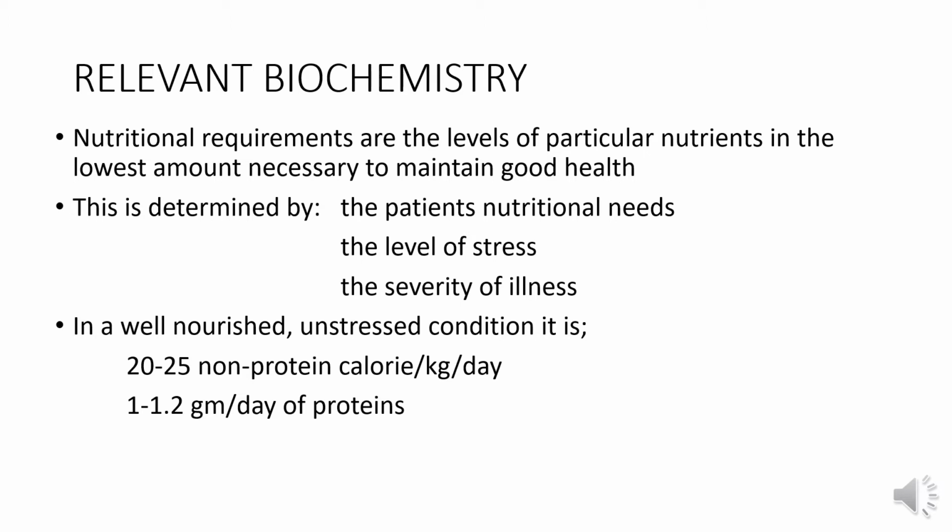Now, the first category includes the non-protein calorie, including fats and carbohydrates, while the second, that's the 1 to 1.2 gram, it's just protein. So this is the nutritional requirement, that's the minimal level of nutrients required in a well-nourished and unstressed individual. So it means in periods of stress, these values are increased to meet the nutritional needs of the body.